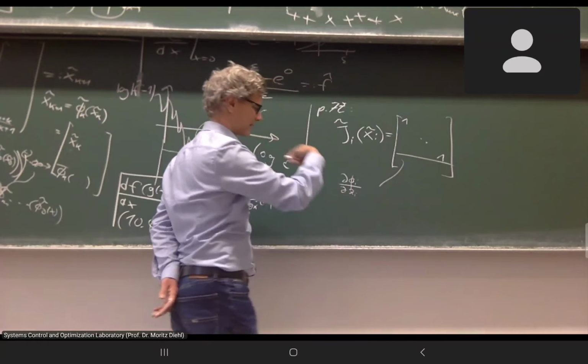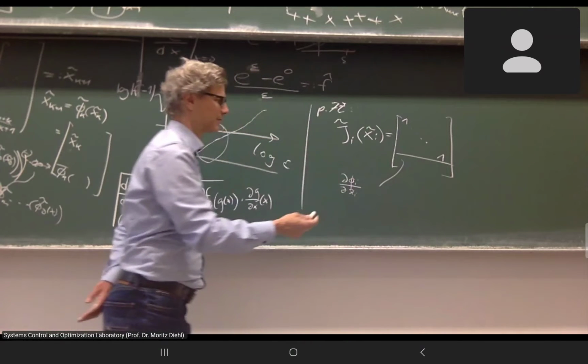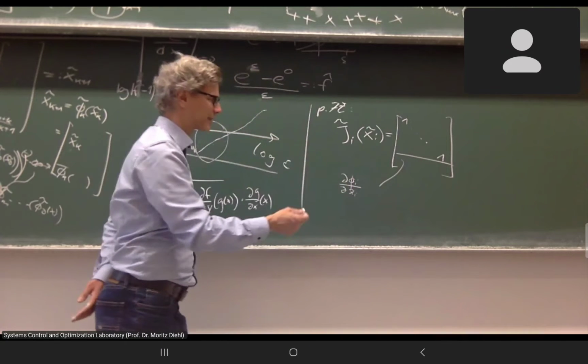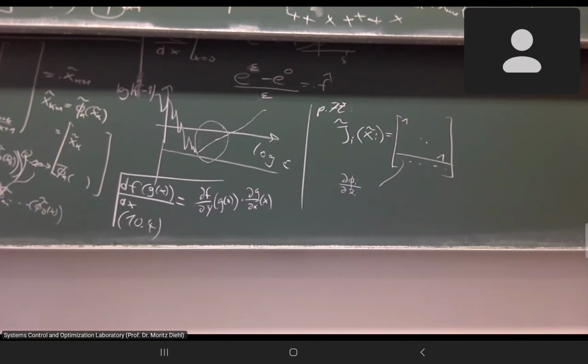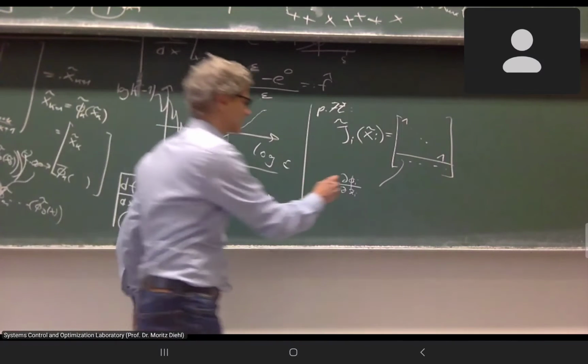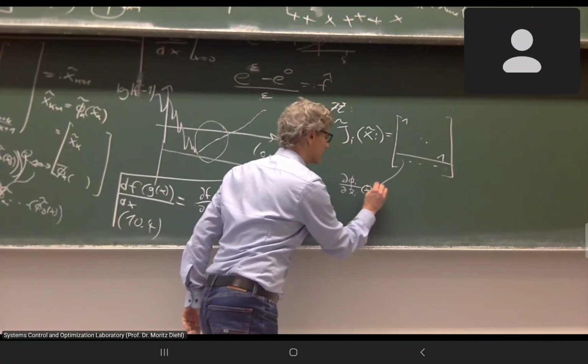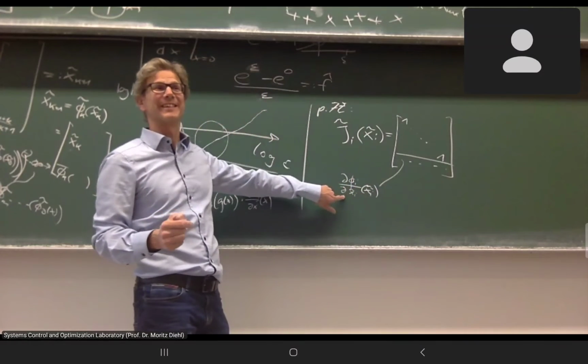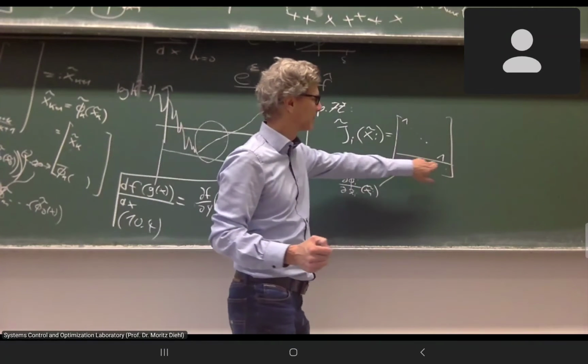And x tilde I is this whole vector, but because it's an elementary operation, it is evaluated at the current numbers, and so this will contain one or two elements.